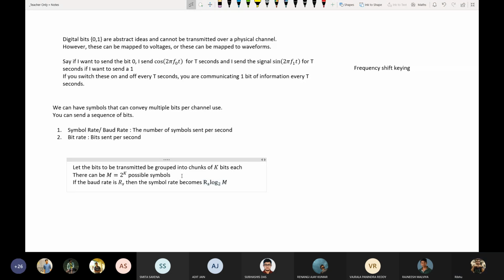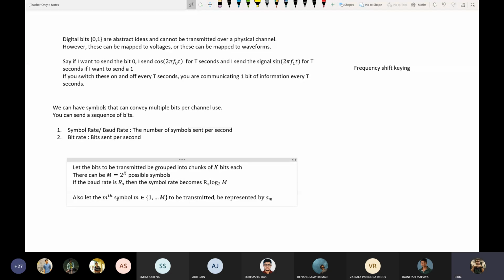Also, let the mth symbol to be transmitted be represented by SM.